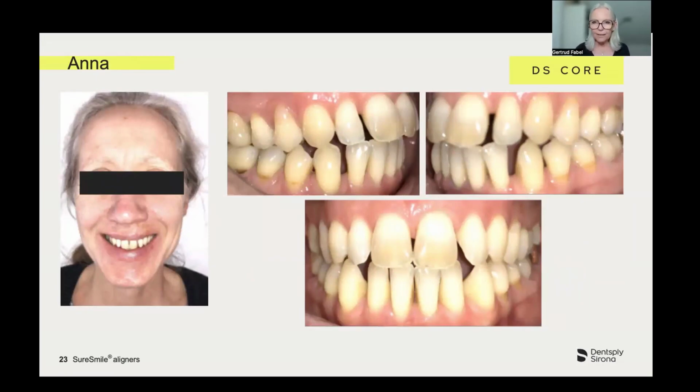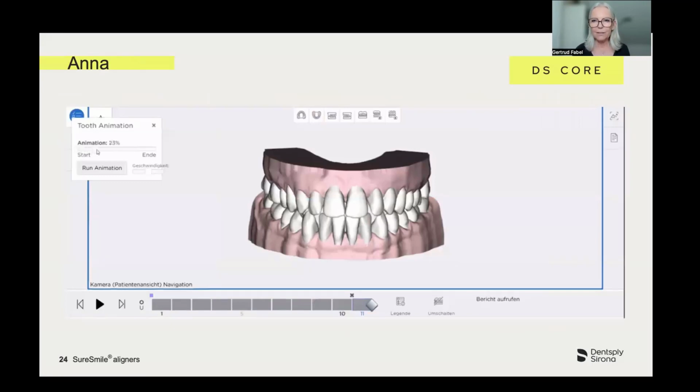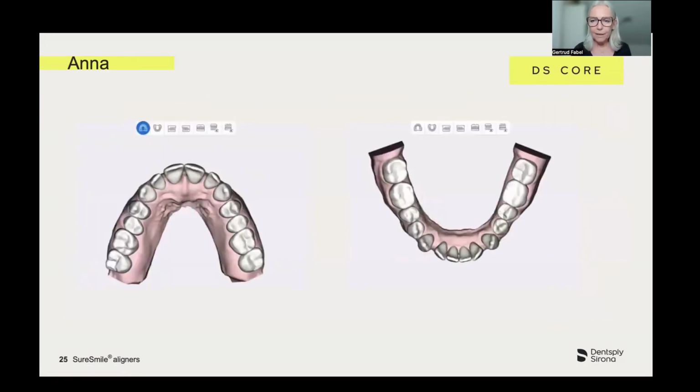Well, at first glance, I thought I could just torque all the front teeth back in row. But when we take a closer look, let me start the movie. We see it's not so much a torque movement, but more a rotation movement. You see that?